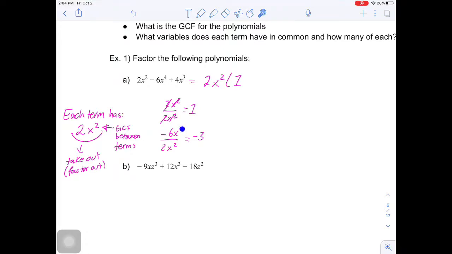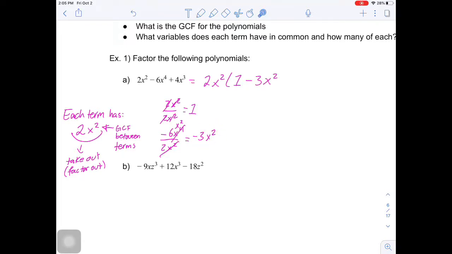Well, here, remember, when you divide variables, you subtract their exponents. So this will be 4 minus 2, so that gives you x squared. Another way to think about it is you've taken 2 of those x's away and you're left with 2 x's. So now we have subtract 3x squared.